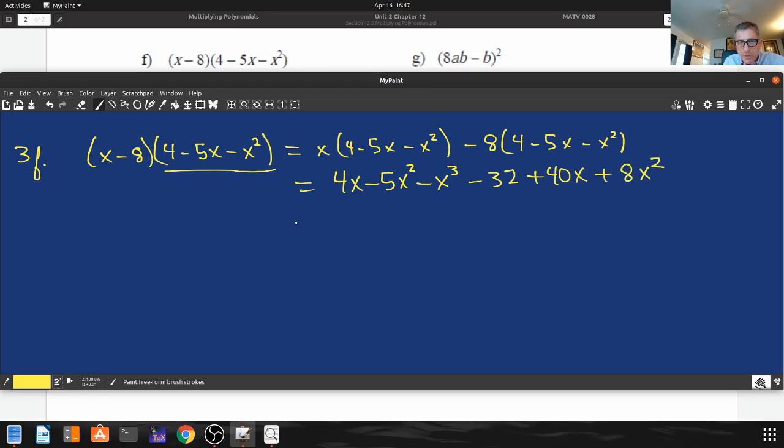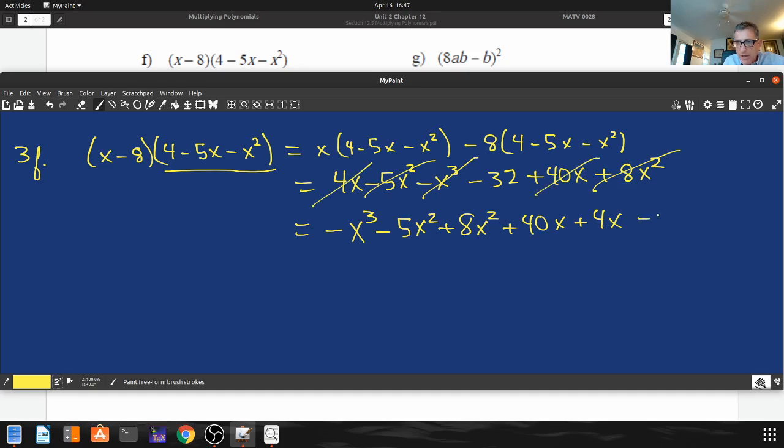So let's collect like terms. My largest degree term is that x cubed term right there, and it's minus. Now let's do my x squared terms. And my x terms. And my constant term.